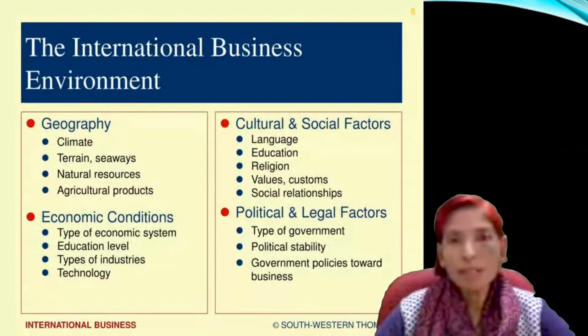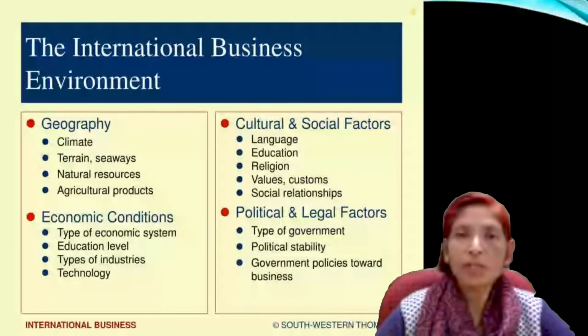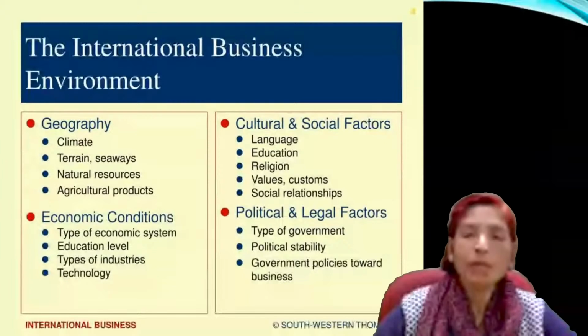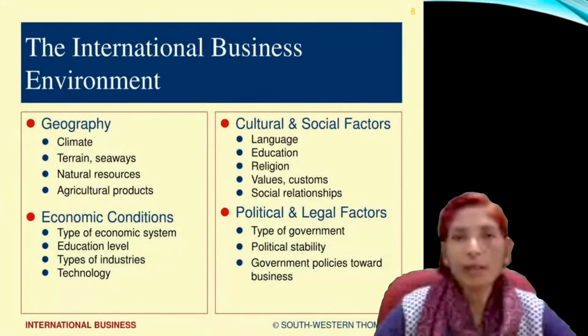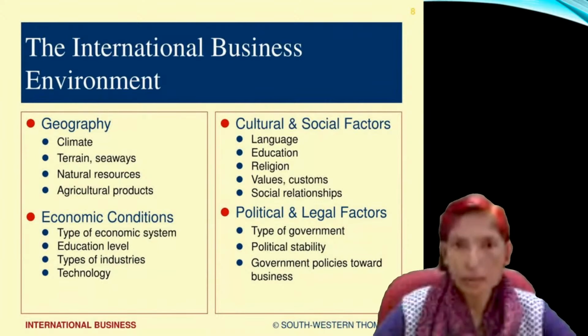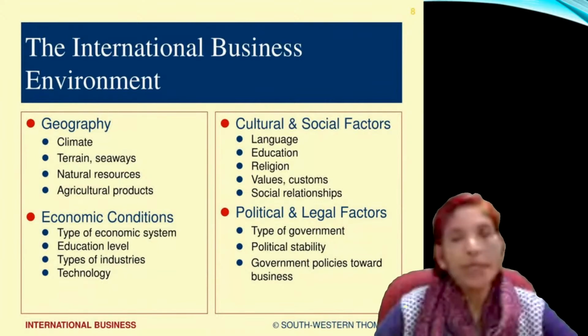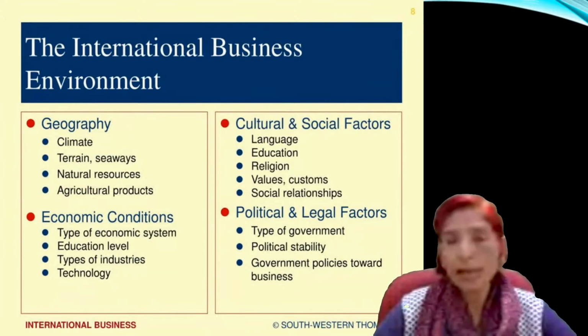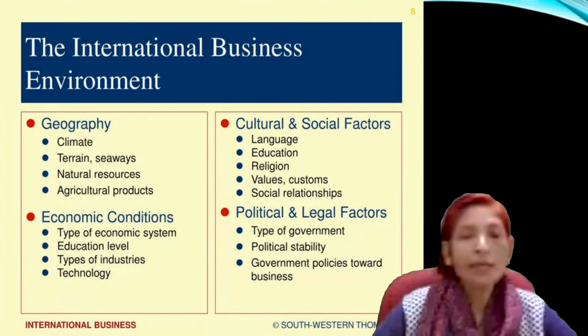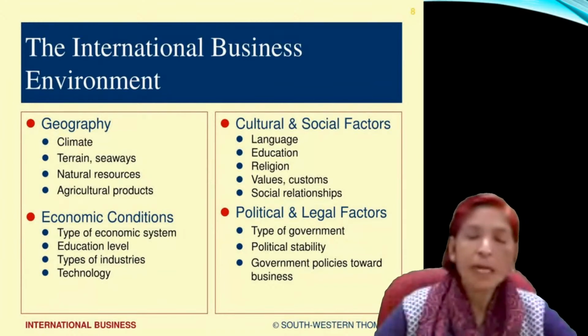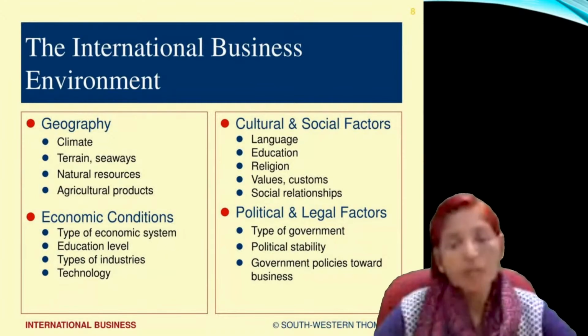In the capitalist system, all the means of production are owned by private entrepreneurs. In socialism, all the means of production are owned by the government or the state. And the mixed economic system, which exists in the Indian economy, is a combination of capitalism and socialism.